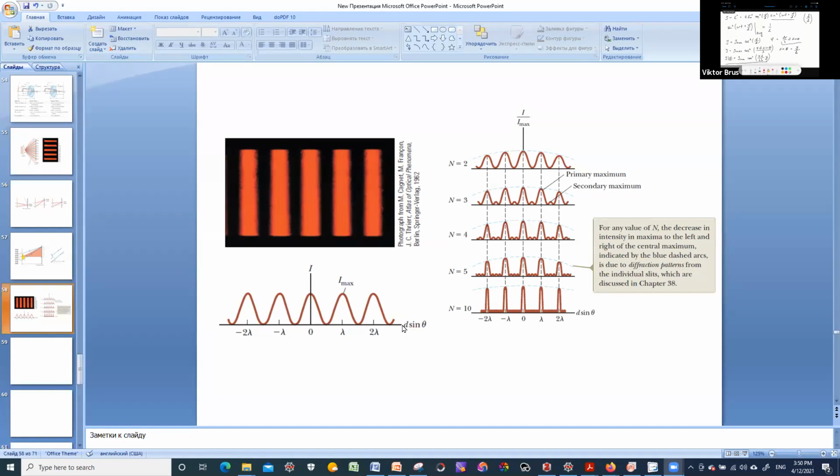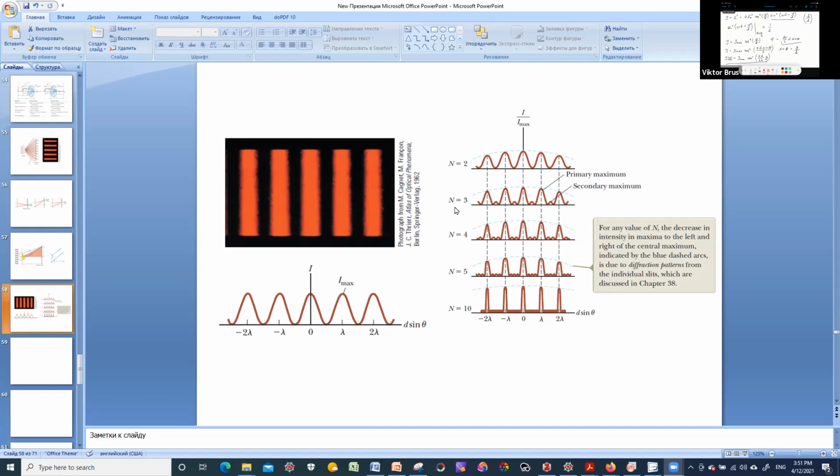So if we increase the number of slits, so far we were talking only about two slits, but there could be many of them. If we go, for instance, for three slits, then for more than two slits, the pattern of light intensity distribution contains a primary and secondary maximum.